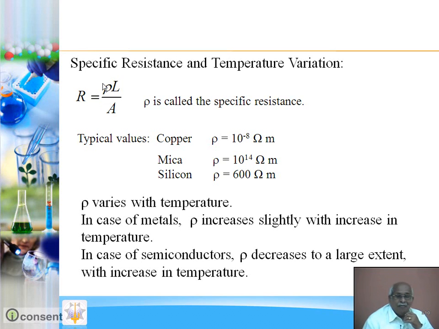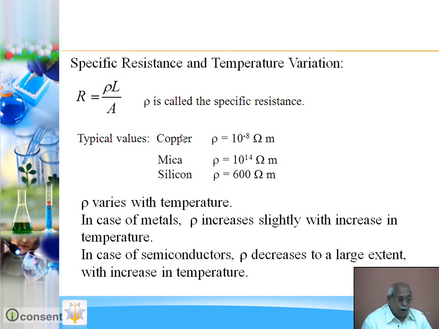The specific resistance has very small value in case of good conductor. Typical values are given here. In case of copper, rho, specific resistance is 10 raised to minus 8. It's a unit ohm meter. So every metal, every conductor will have such a small value for rho.